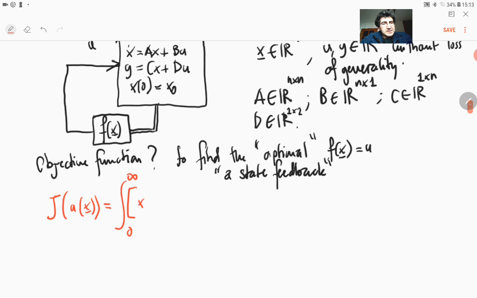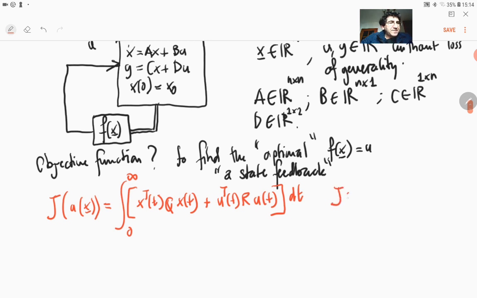It's going to be x transpose, x being a vector, t Q x of t, where Q is a matrix that I will in a minute define, plus u transpose of t R u of t. Here obviously we have defined our u to be a scalar in our special case, but in general u can be a vector. Therefore R is also a matrix. dt.